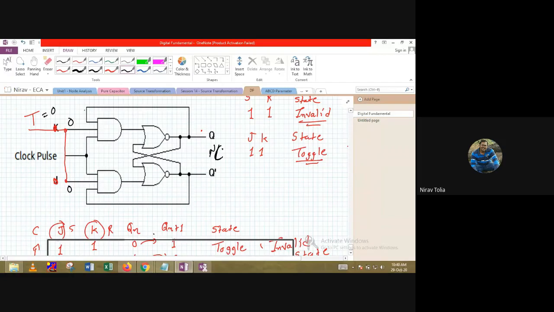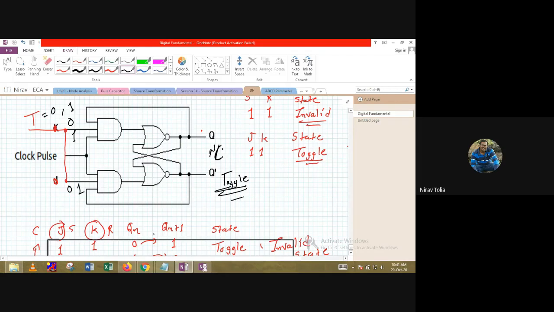Suppose my T is 1. So both inputs are 1 1, and then my output state is toggle. That is the main application of the T flip flop.